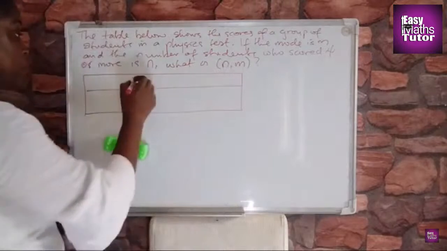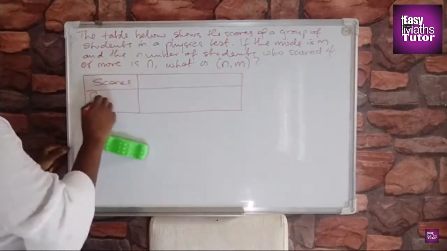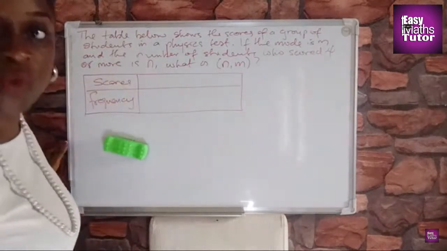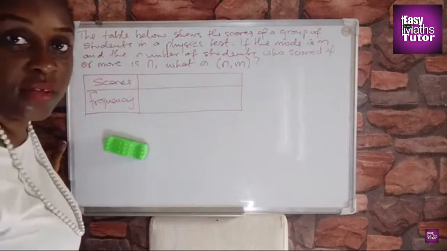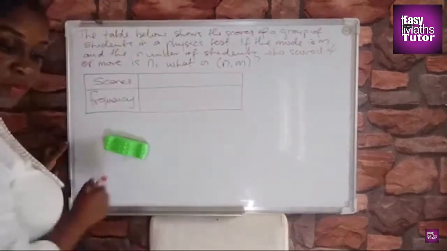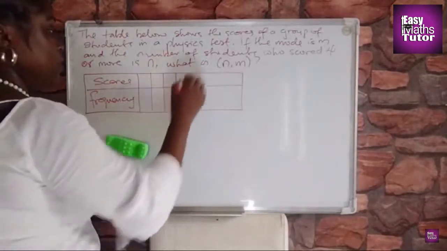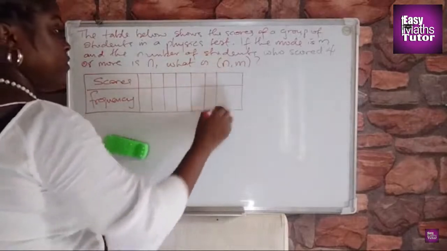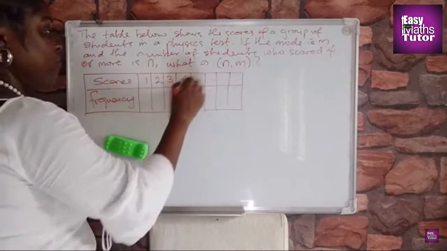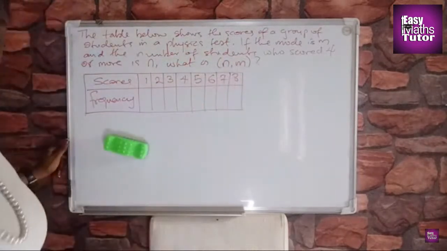So we have the scores and we have the frequency. We have the scores of 1 to 8: 1, 2, 3, 4, 5, 6, 7, and 8.